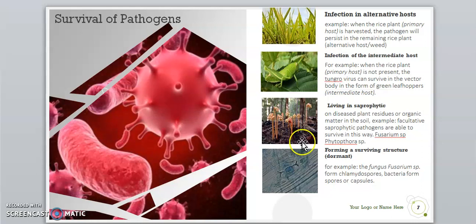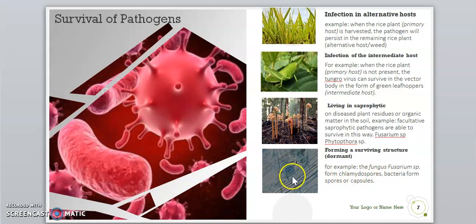Okay, and then the fourth, they can become dormant when the condition is not easy for the pathogen, by forming a surviving structure. For example, the fungus Fusarium forms chlamydospores.